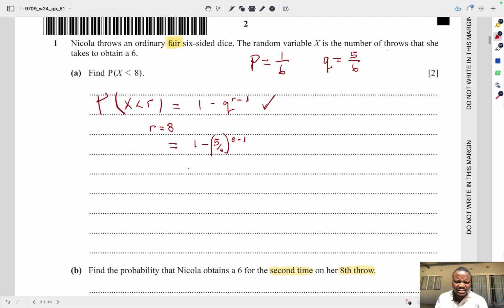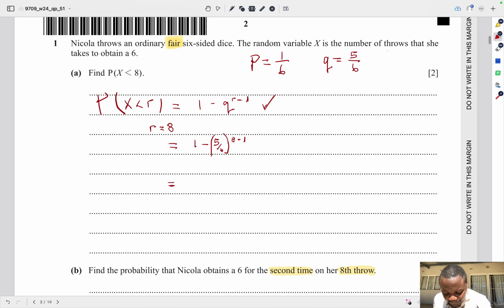Then when we do this, we are going to find that 5 over 6 is raised to the power of 7. So we see that it is 5 over 6 raised to the power of 7.